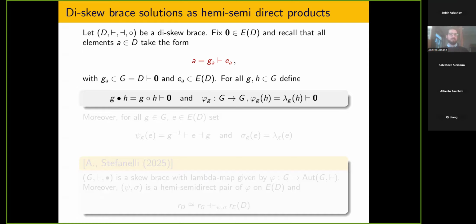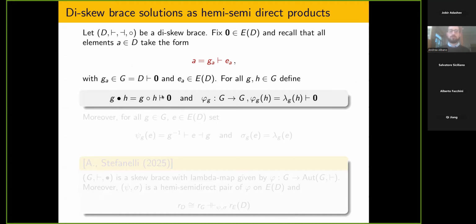Now, what happens is that we want to decompose in a way the solution that is attached to the di-skew brace, but there is a catch. The catch is that this G here is basically a subgroup if you equip it with the left bar operation, but it is not necessarily true that it is stable under the circle operation.